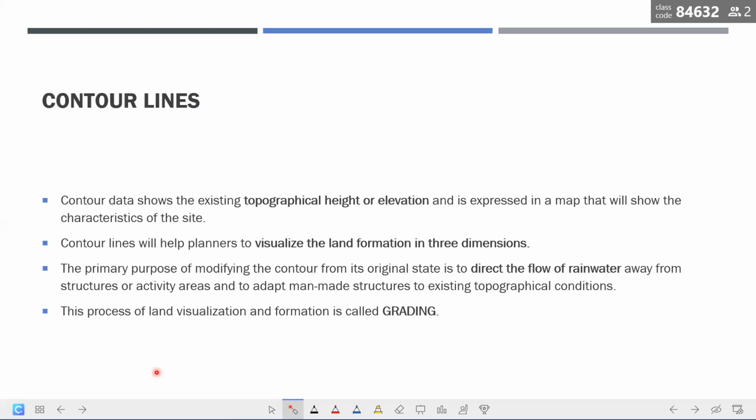Although I think it's actually to adapt the existing topography so that it can accommodate man-made structures. This process of land visualization and land modification and reformation is called grading.